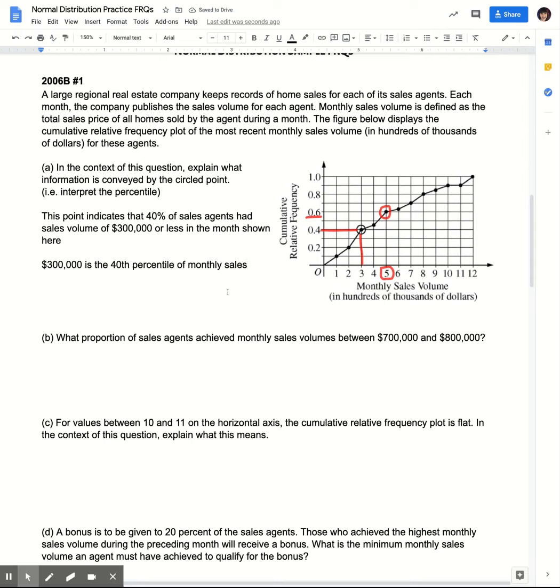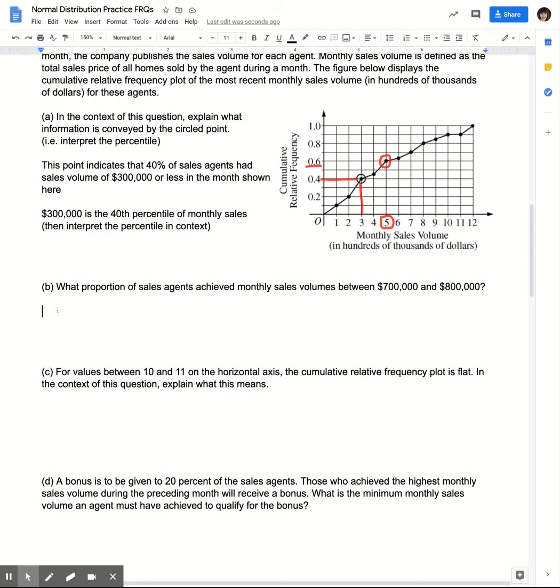Then you would have to go into a little more detail and write exactly what a percentile is, so you would interpret the percentile in context. You could have added this sentence at the start of your explanation, but you didn't have to.